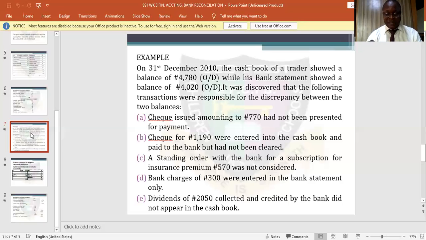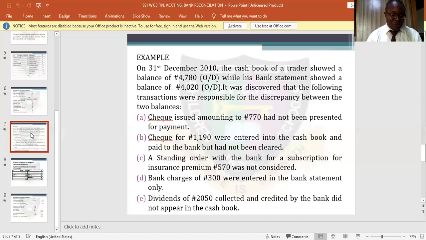Then we also have dividend of 2,015 naira collected and credited by the bank, which did not appear in the cash book. The dividend appears after you have bought shares from a reputable company, then the shareholder will be expecting dividend. Maybe instruction has been given to that company to pay directly into your account. The bank has yet to do that.